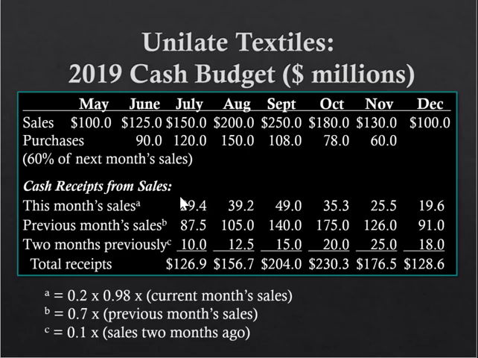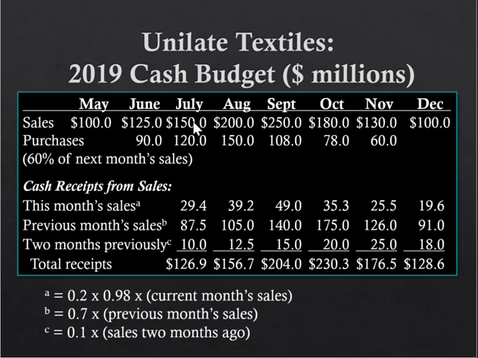From that amount, you're going to get $29.4 million of cash in July. Previous month sales, 70% of people pay net 30. And so that's $87.5 million, which is 70% of that 125. And then 10% of the two months previously. So some people pay late, and so that's 10% of the May sales.